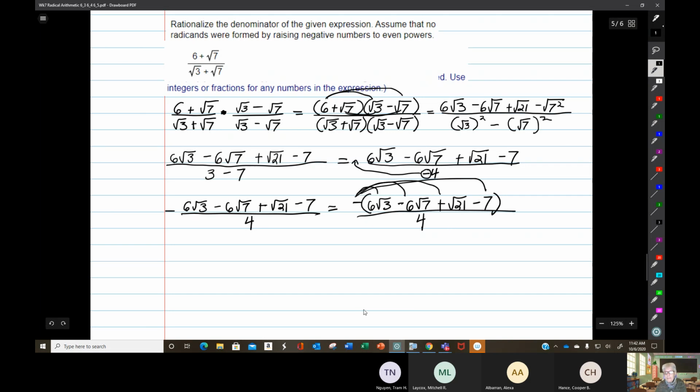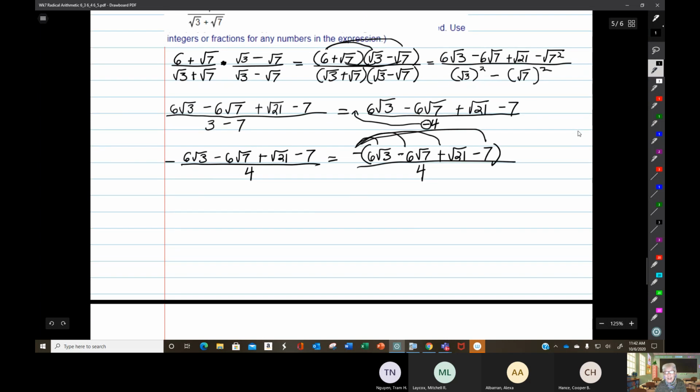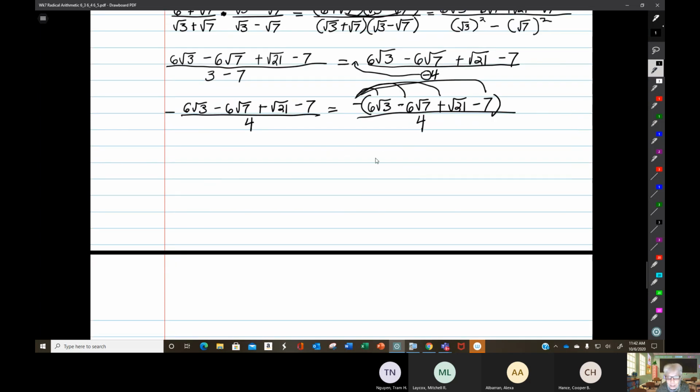So, finally, getting to the end of this, negative 6 times the square root of 3. Negative times negative is positive, so that'll be a plus 6 times the square root of 7.